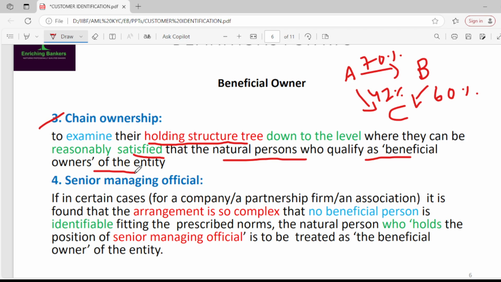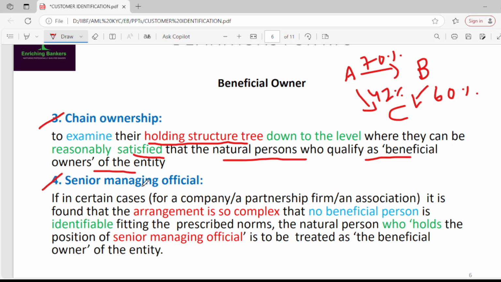In simple way, if it is a chain ownership, then we have to trace down all the natural persons involved in that company. Then we have to search which natural person is qualifying those norms, which natural person is going to qualify the norms given by the PML Act for determining the beneficial owner.